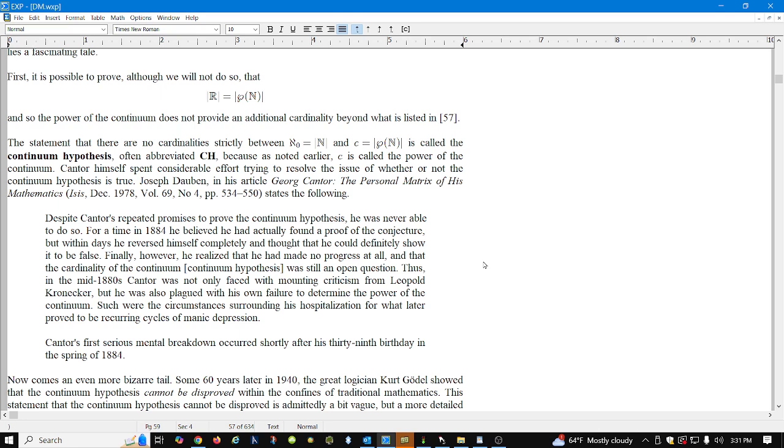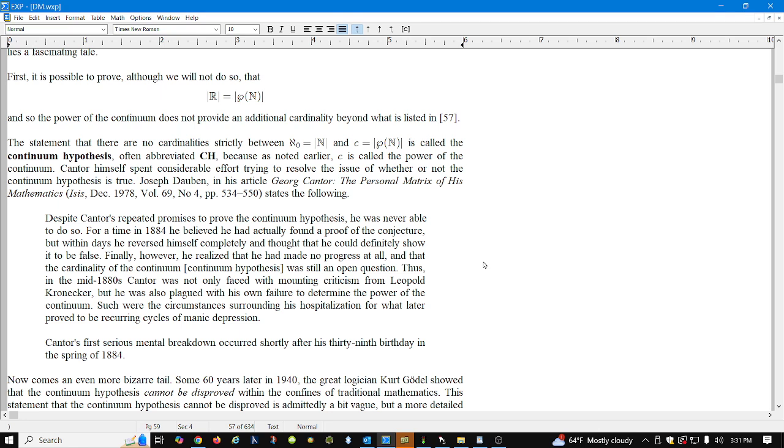Thus, in the mid-1880s, Cantor was not only faced with mounting criticism from Leopold Kronecker and from others, as I'll discuss later, but he was also plagued with his own failure to determine the power of the continuum. So what he's really saying here is whether the power of the continuum was the next cardinal number after the power of the natural numbers.